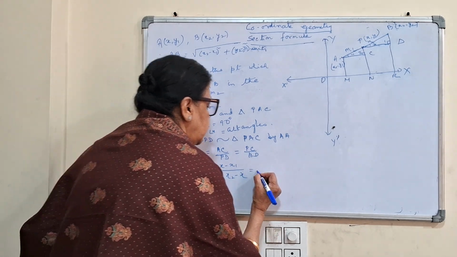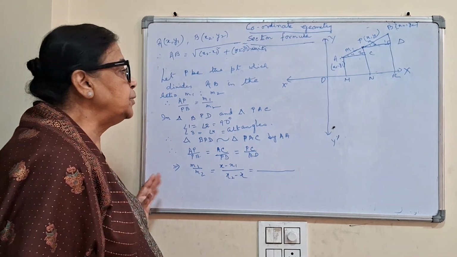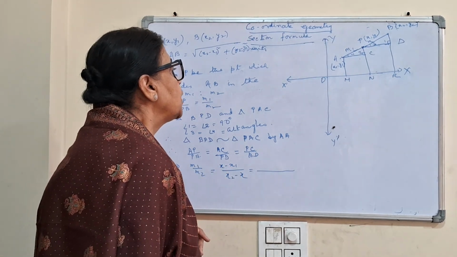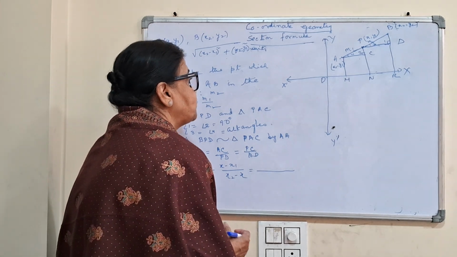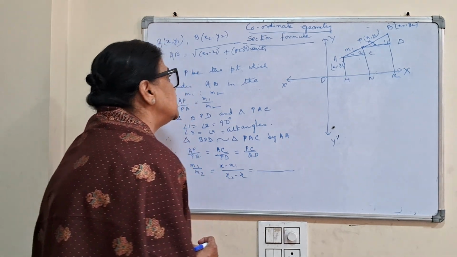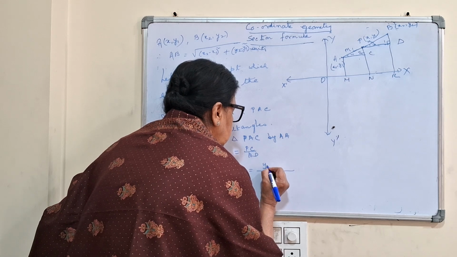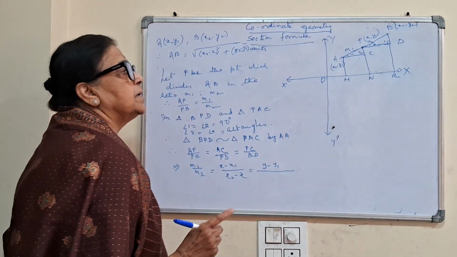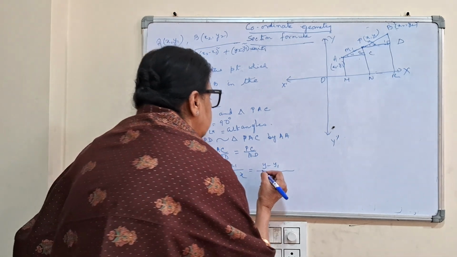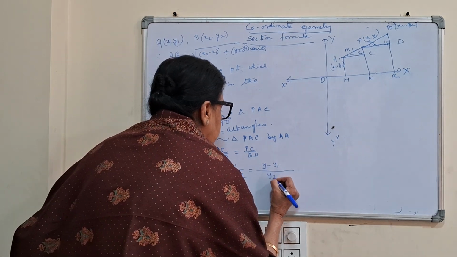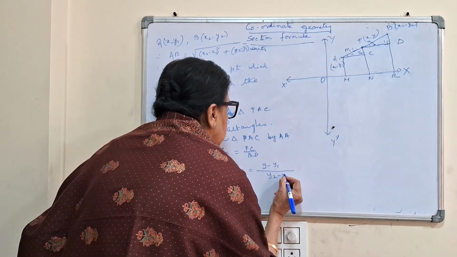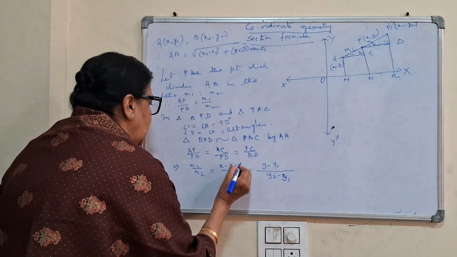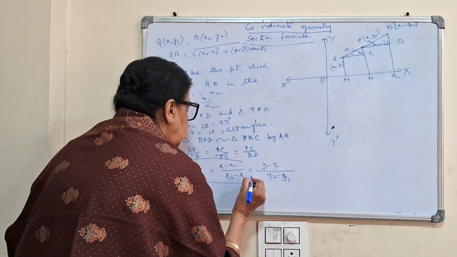And PC is y minus y1, so it is (y minus y1) divided by BD, and BD is y2 minus y1.